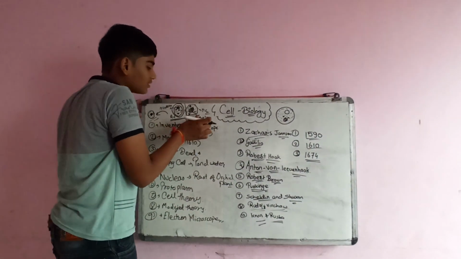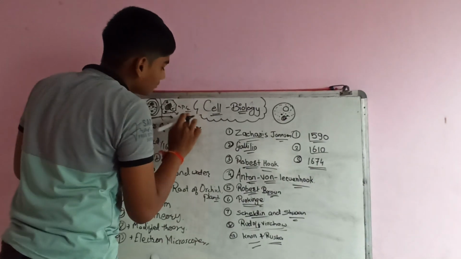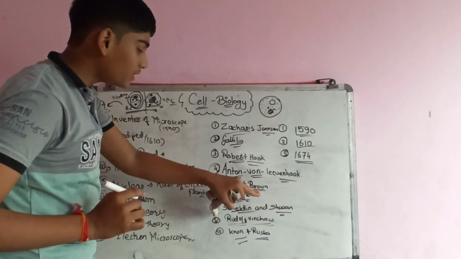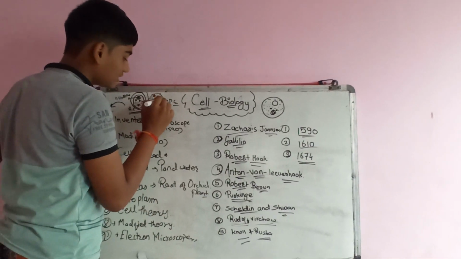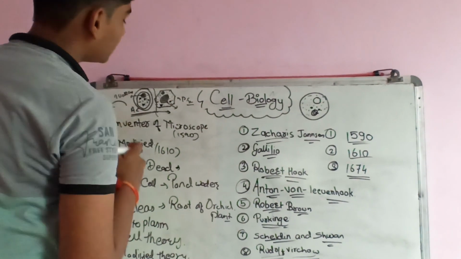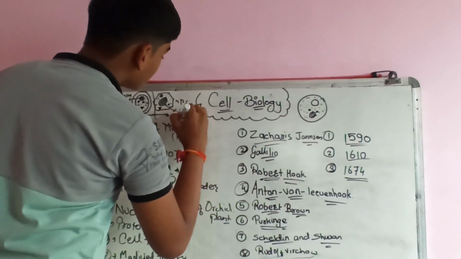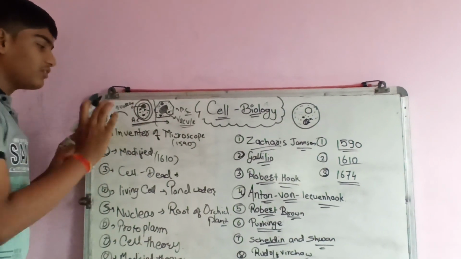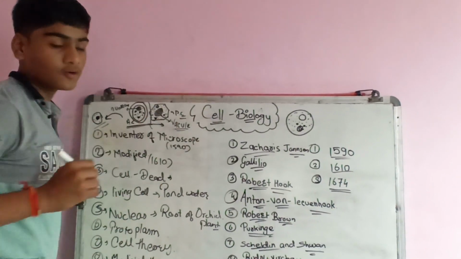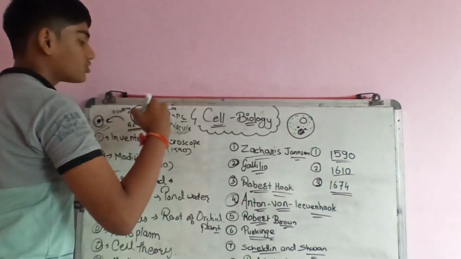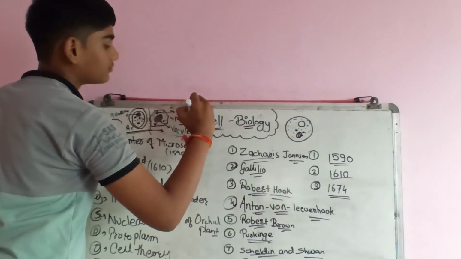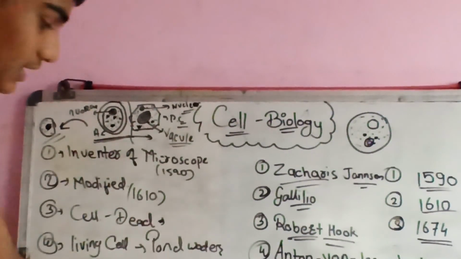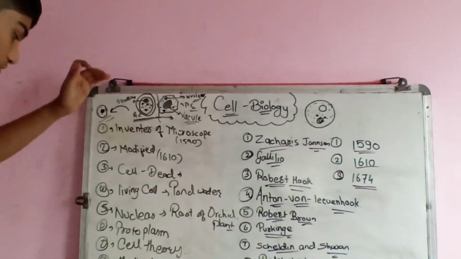Here they found the mistake in Robert Brown and said that in the plant cell, the big thing is not a nucleus, but in reality it is a vacuole. They said it is right that this is a nucleus, but here it is a vacuole, and this little small structure is the nucleus. These are the things which these scientists invented.